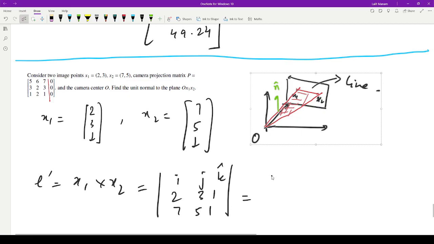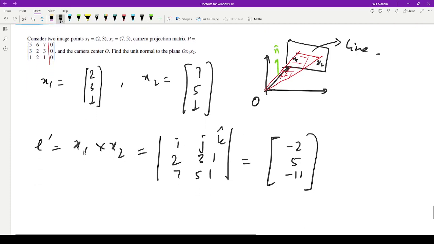This leads us to minus 2, 5, minus 11. Okay, so this line is in which space? In the image space, right? It's on the image plane.